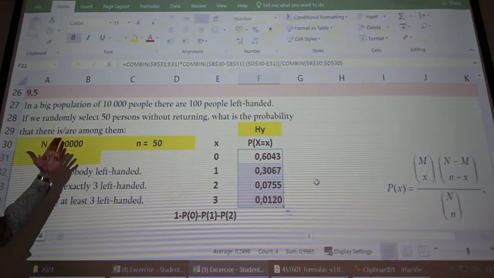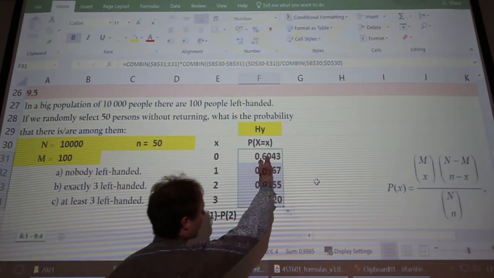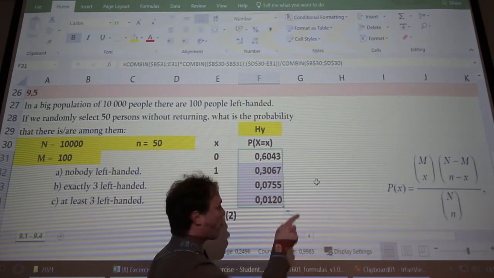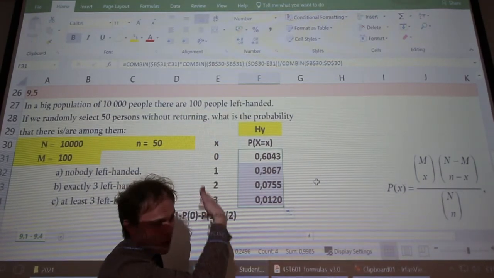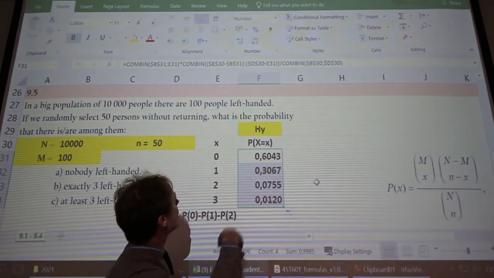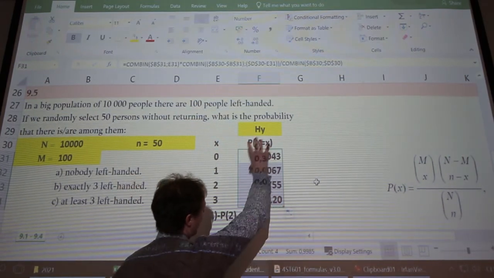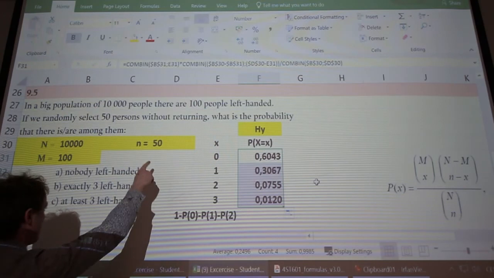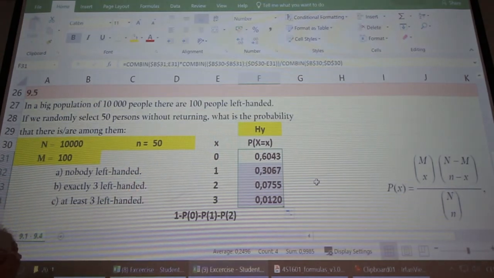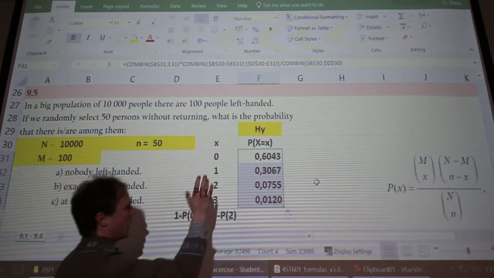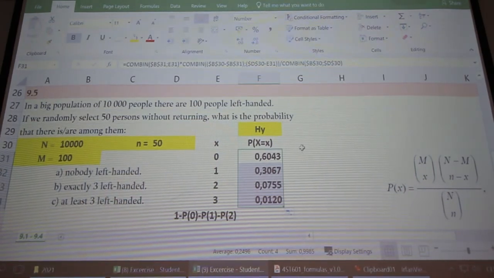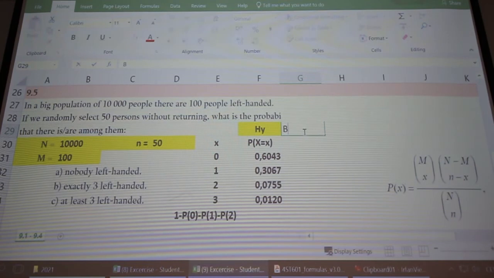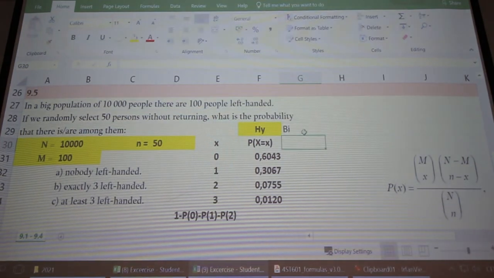Nobody left-handed in your selection. If you remember, we already calculated the 0 case for binomial distribution and for Poisson distribution. So we will use these parameters and we will try to calculate the approximation here in Microsoft Excel. So there will be binomial distribution.